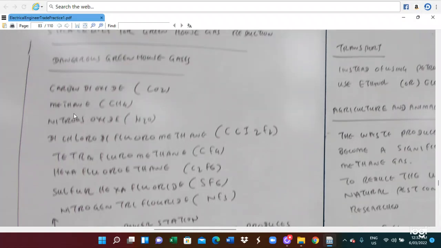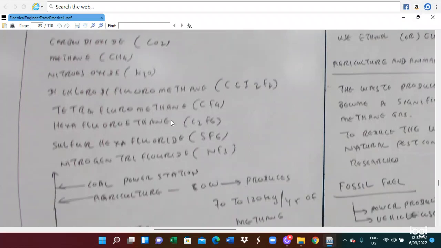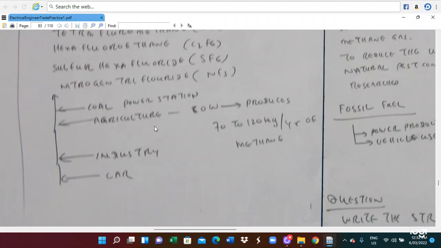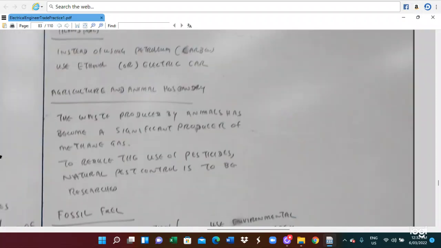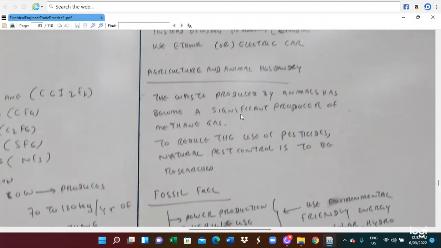Carbon dioxide, methane, nitrogen trifluoride, and sulfur hexafluoride are the kinds of greenhouse gas. Those greenhouse gases are produced by coal-fired power plants, the agriculture industry and cars. So we have to appropriately use ethanol, and electric cars must be utilized.